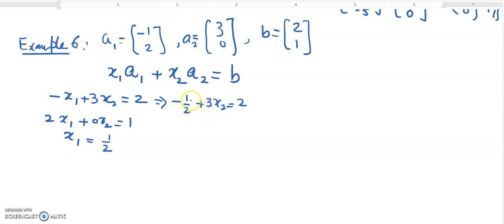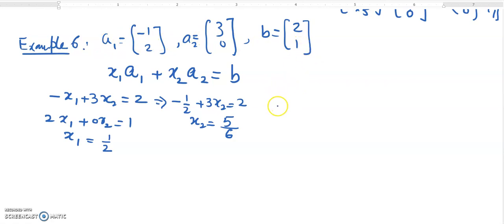So 1 by 2 goes there, so it will be 5 by 2, so x2 will be equal to 5 by 6. So the answer is yes, we can represent b in terms of a1 and a2.